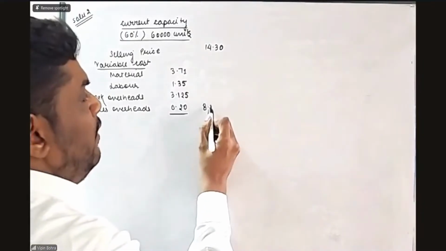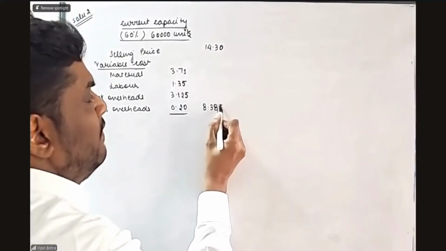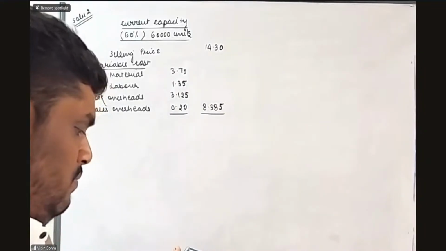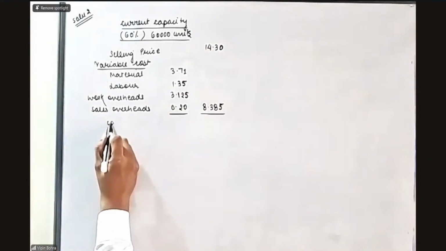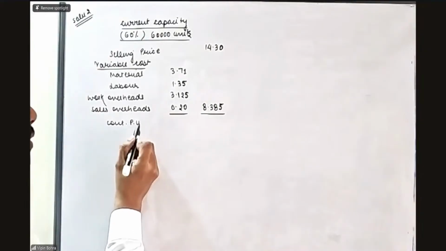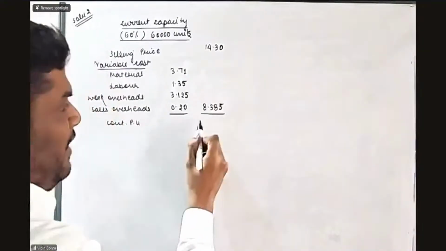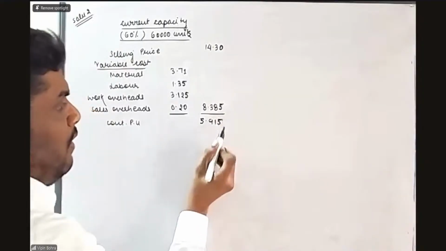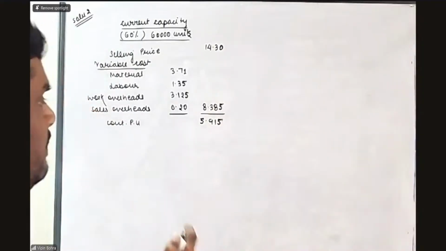This will be 8.385. My contribution per unit is 5.915.